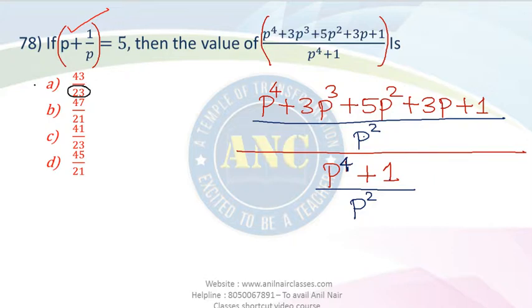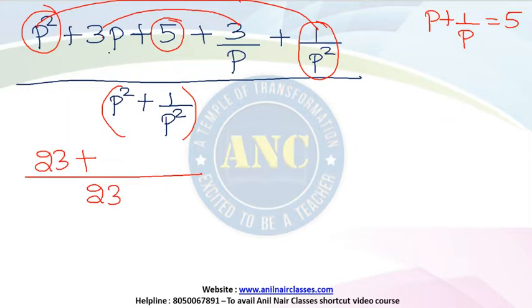Only one option I thought, but there are 2 options. Either option A should be correct or option C should be correct. But assume that there was only one option which is having denominator 23, you don't even have to calculate this value and add 5. It's a waste of time. But because there is no other way in this question, we need to do it.